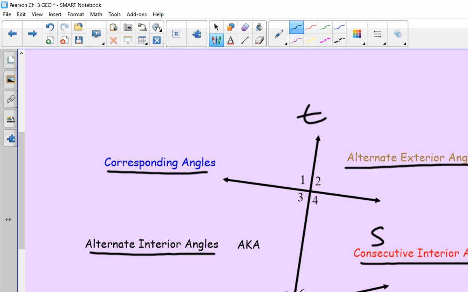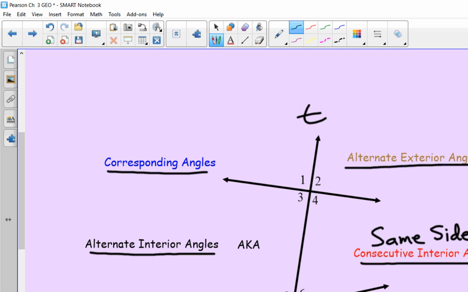But one thing, consecutive interior angles are sometimes called same side interior angles. I think we kind of stick with this one a little bit more than consecutive. Okay.